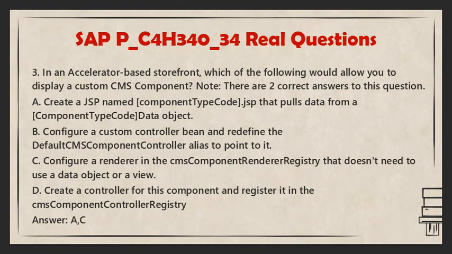B. Configure a custom controller bean and redefine the default CMS component controller alias to point to it. C. Configure a renderer in the CMS component renderer registry that doesn't need to use a data object or a view. D. Create a controller for this component and register it in the CMS component controller registry. Answer: A, C.